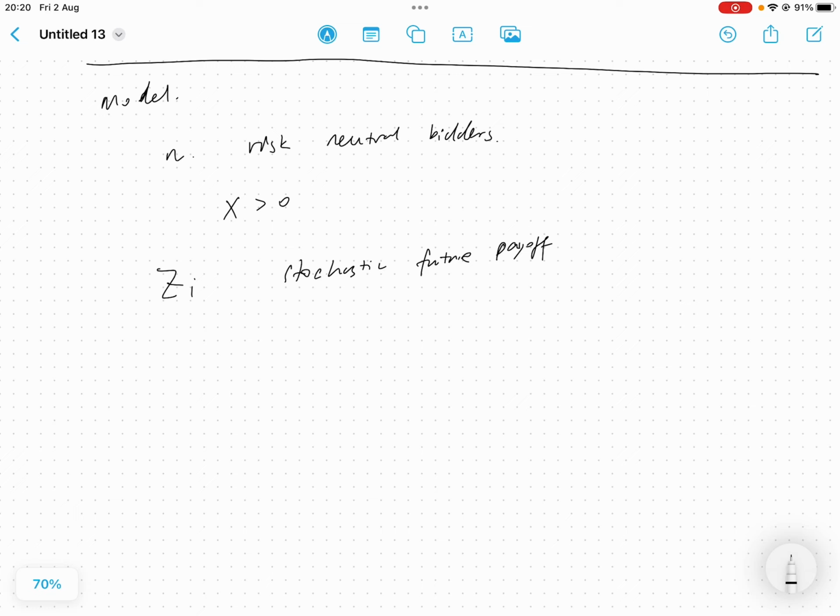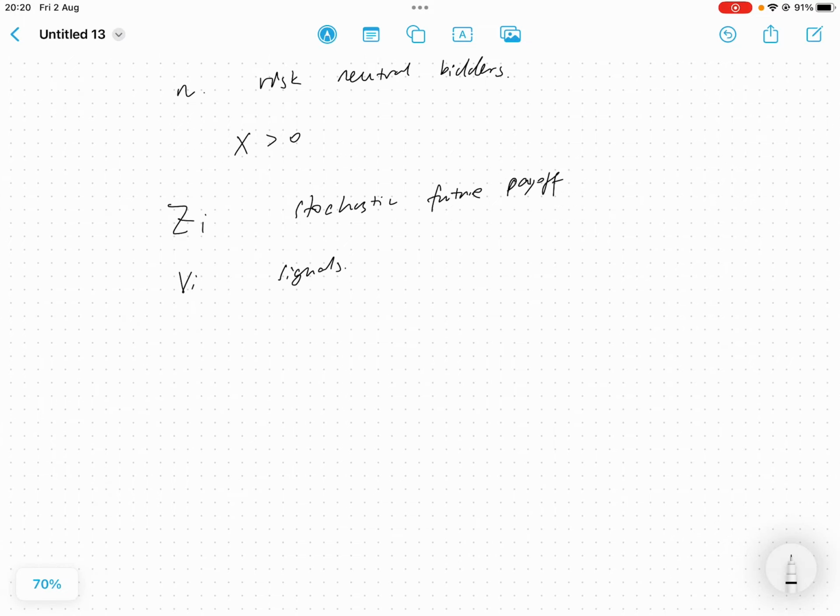And bidders have some private signals regarding Z, drawn from some distribution. We define that signal as Vi. The seller is also risk neutral, so there are no other risk preferences in this problem, and the seller cannot take the project by themselves. The seller has to sell this project to someone else, to the bidders, to run the project.